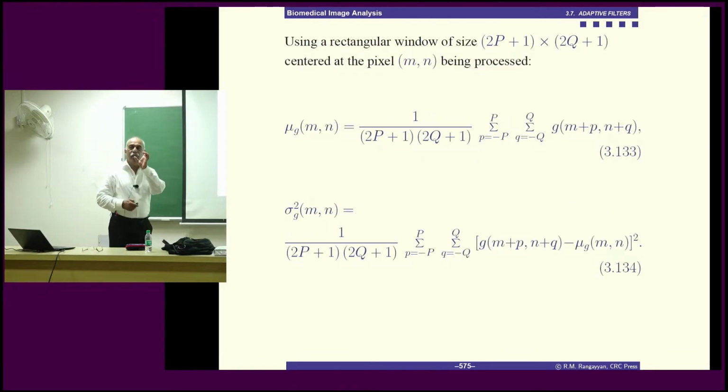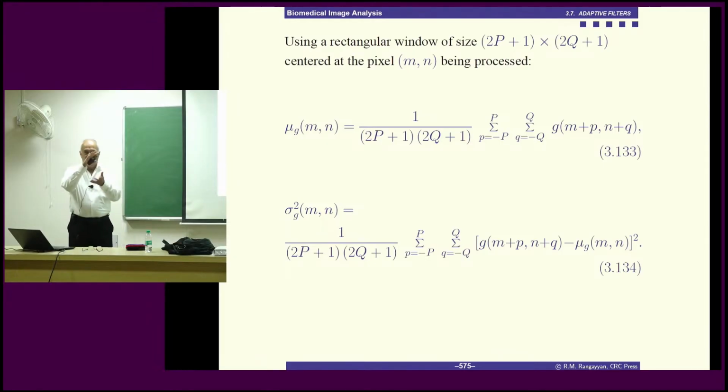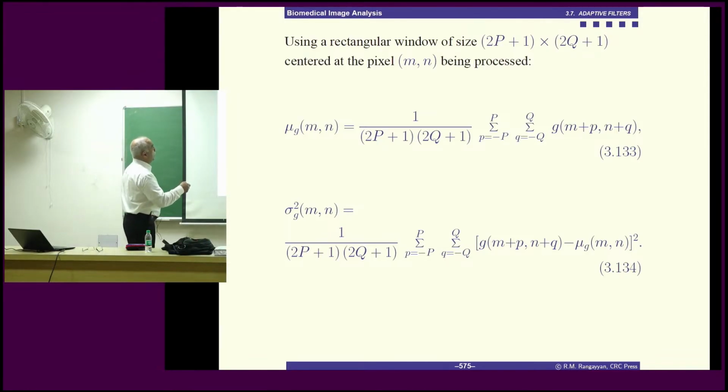So use a rectangular window at that location, 2p plus 1 times 2q plus 1. So it's an odd sized window, but the window size could vary to be adaptive. So it's not 3 by 3 or 5 by 5. We'll let it be a rectangle of some size to be defined later. So mu g, the mean of g, is given by the average of g over that window.